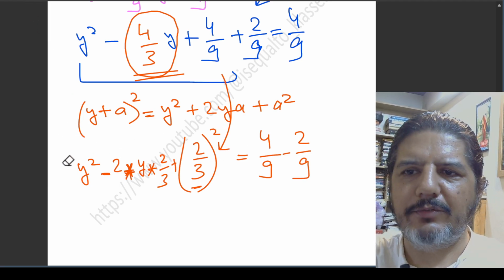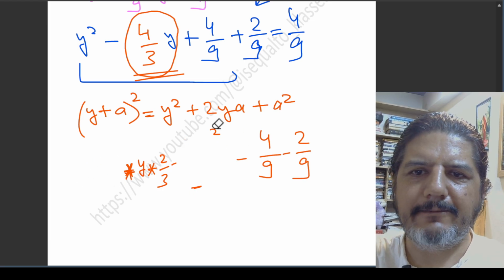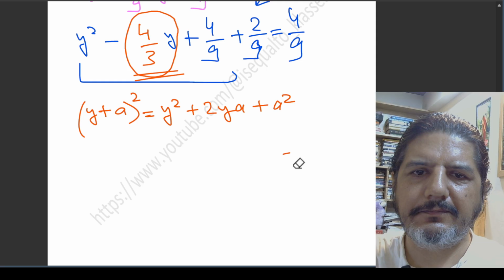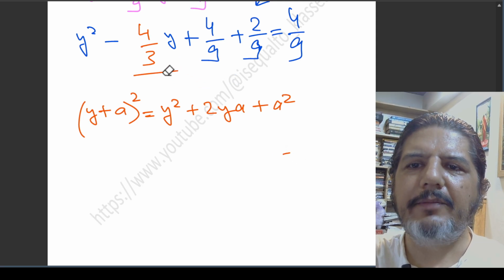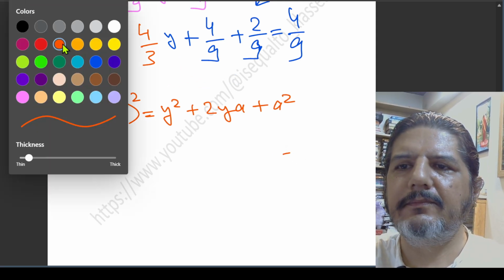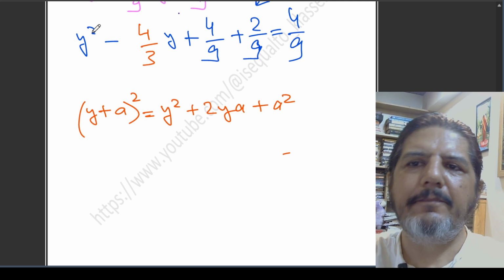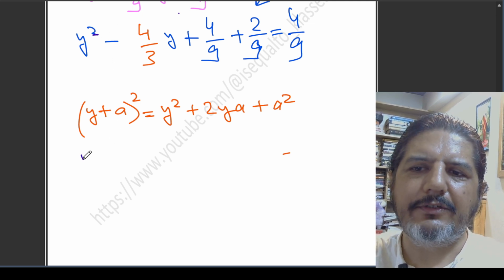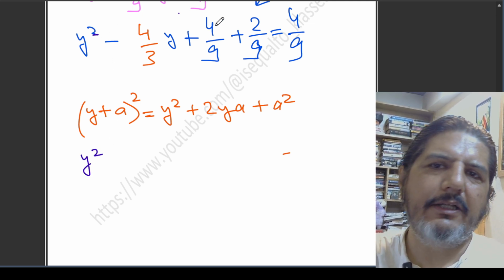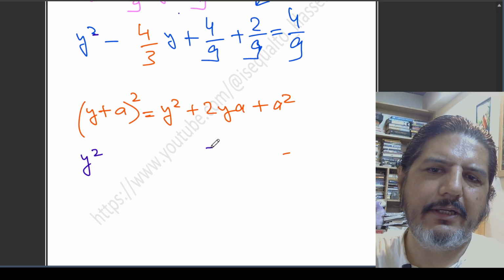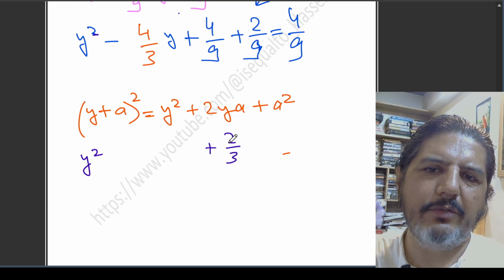Let me do this again so that you don't face any difficulty. This y square is as it is. This 4 by 9 I know can be written as 2 by 3 whole square.